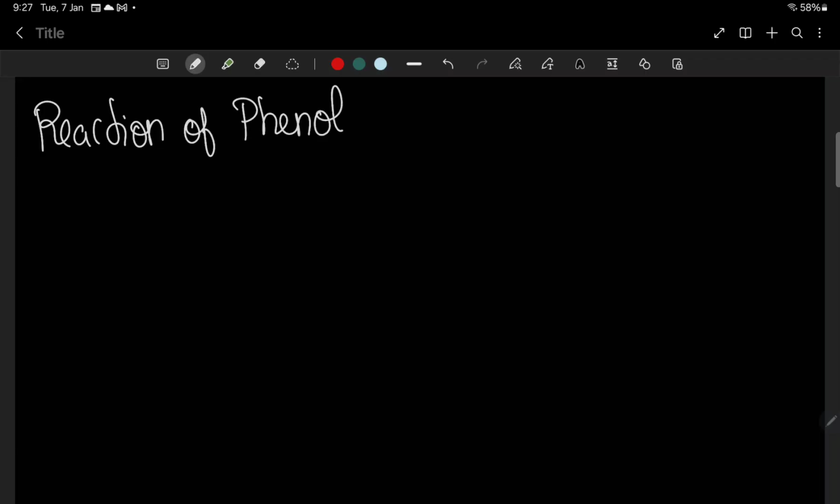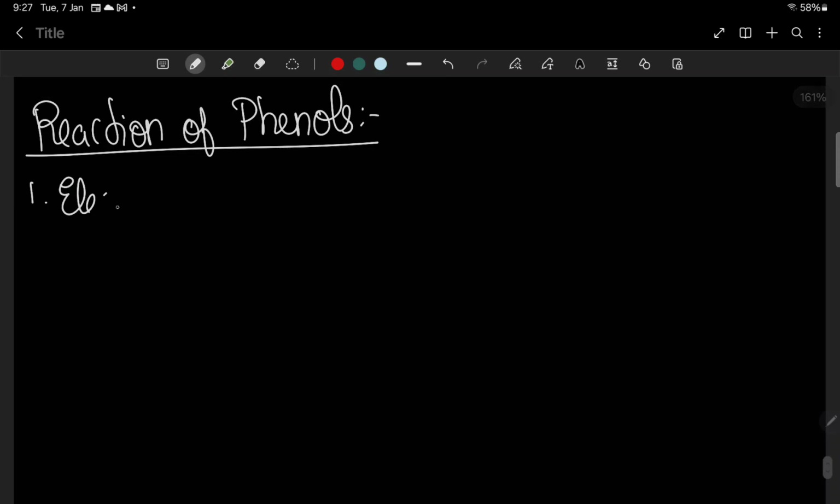Now we have the electrophilic aromatic substitution reaction. Before that, next we have the reactions of phenols. What are the different reactions of phenols? One, electrophilic aromatic substitution.